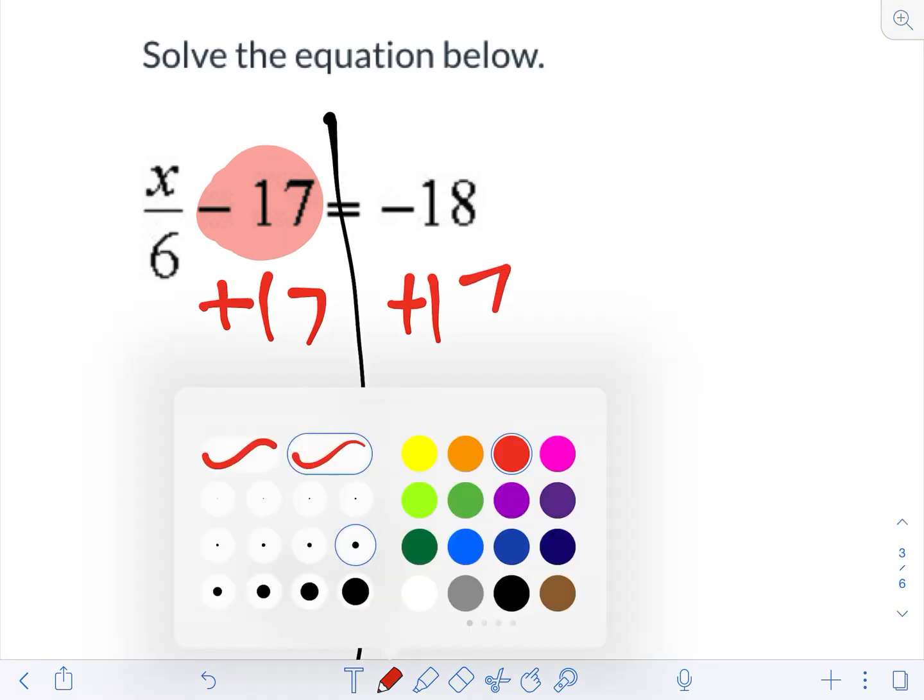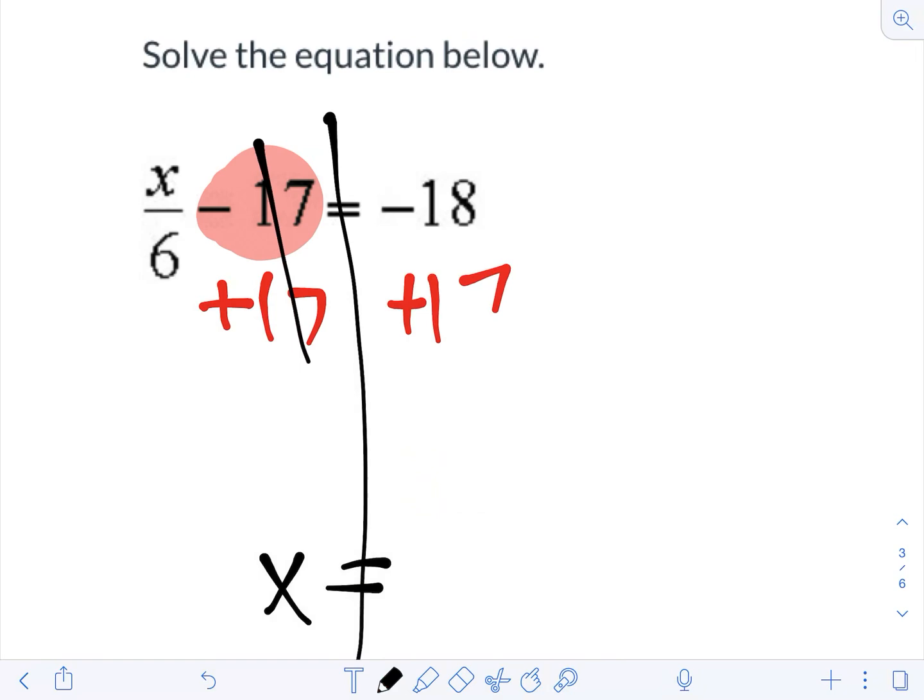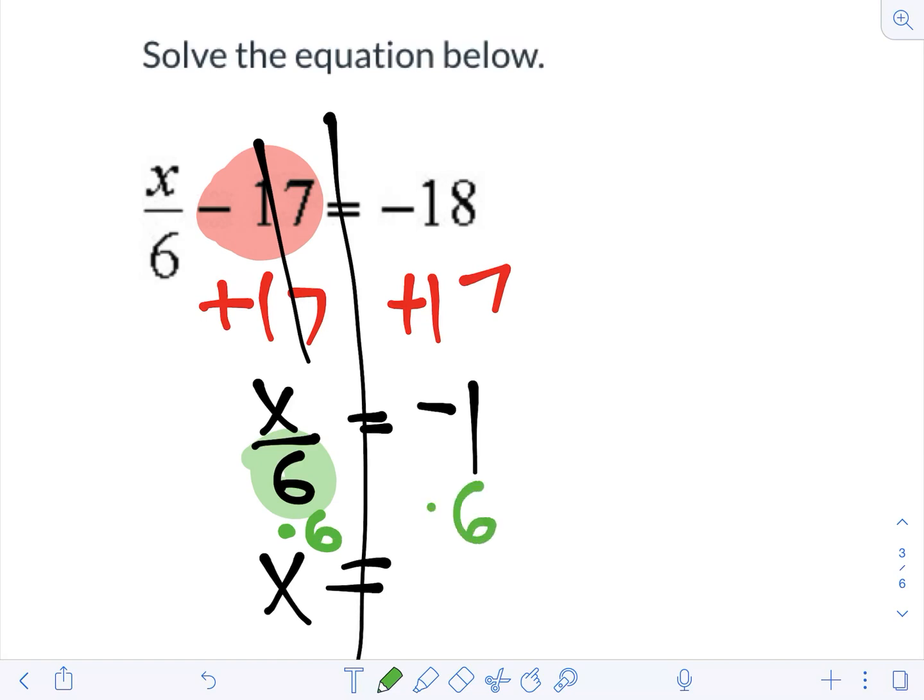So that cancels to 0, and you have X over 6 equals -1. Now you want to get rid of that divided by 6. The way you get rid of divided by 6 is multiplying by 6. So X is equal to -6.